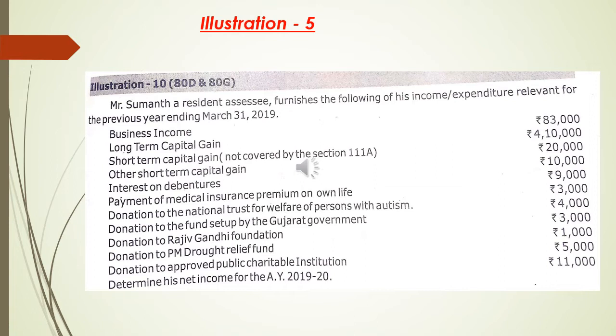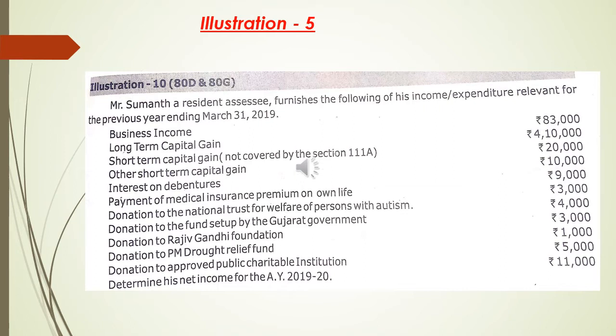Suppose it is reversed, like if in the bracket they give covered under section 111A, which means that this has to be excluded while adding gross total income, and we have to charge 15% flat rate on this amount. But here it is not covered under section 111A, so that means it is included in gross total income.